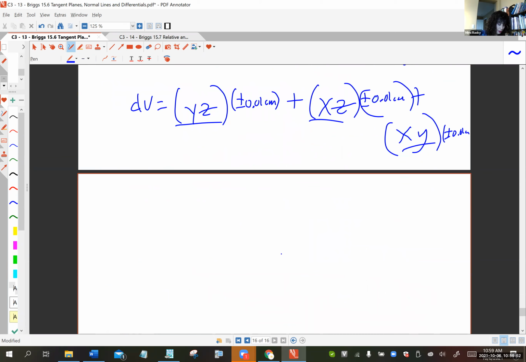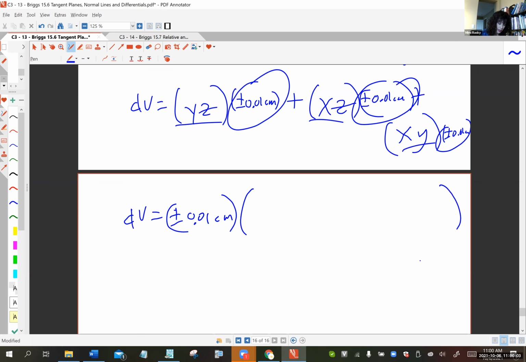So finishing out this problem, since I notice I have a common factor of plus or minus 0.01 centimeters, I am going to factor that out. And then the other factor is going to be my yz, that's 20 times 15, plus xz, that would be 50 times 15, plus xy, that was 50 times 20.